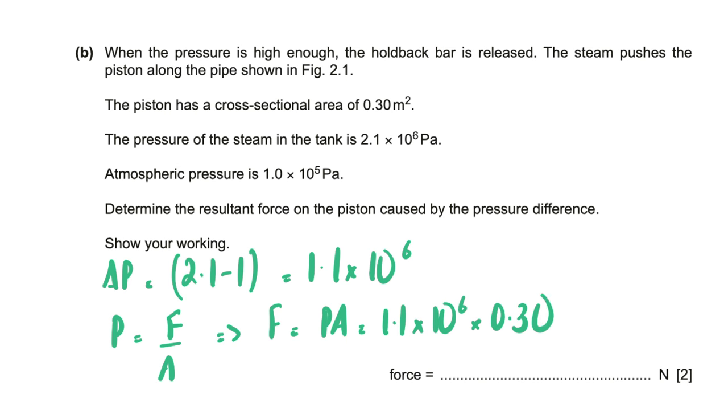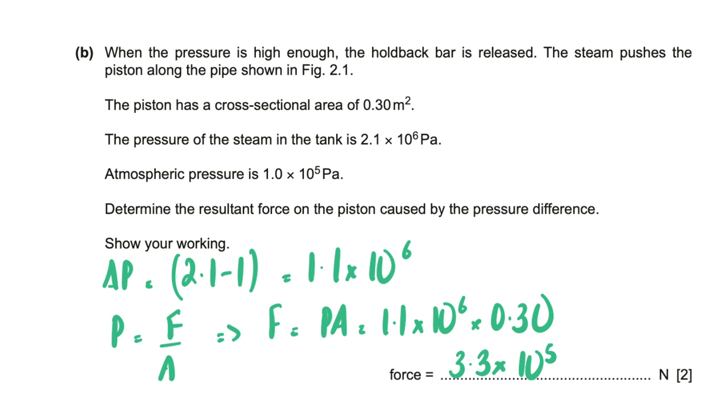The direction would be towards the right, so now all that remains is solving for this. So this turns out to be 330,000, so 3.3 into 10 to the 5 newtons.